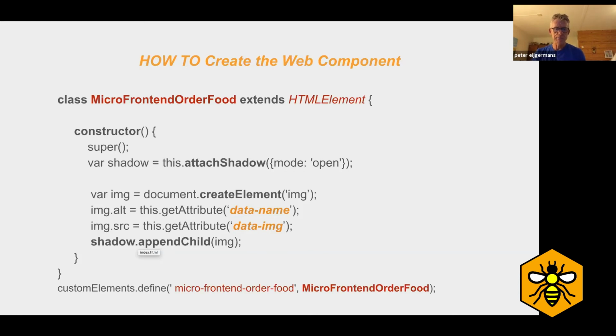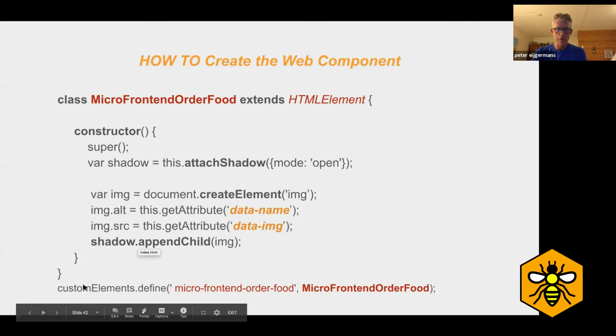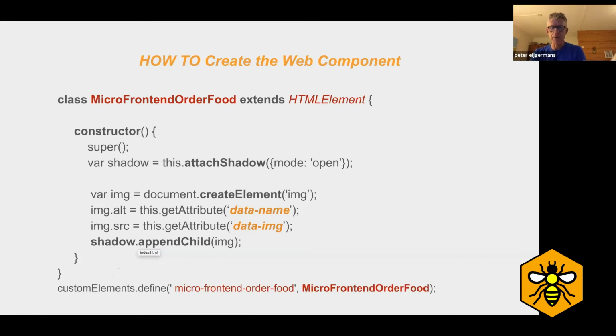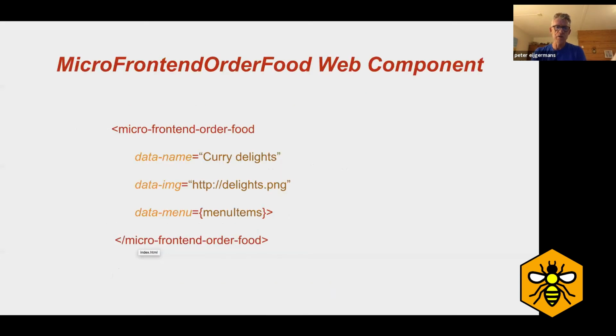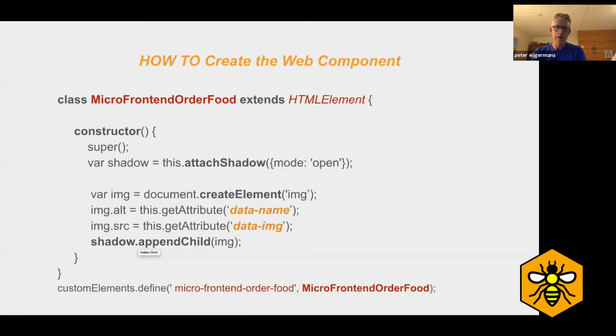And how do I spin up this web component? At the bottom, you see that I do a custom elements define, and there I define finally my web component, and I give it a name with dashes, so I can use it this way. I've also here it running, so this what I showed you works also.